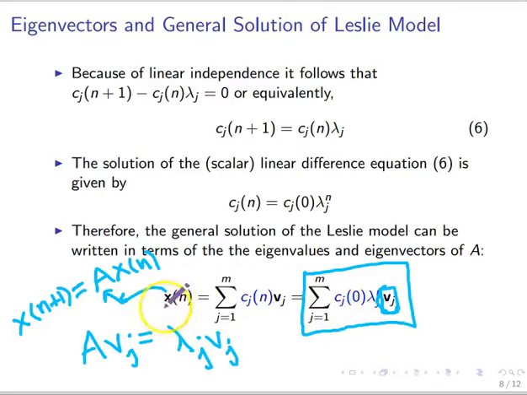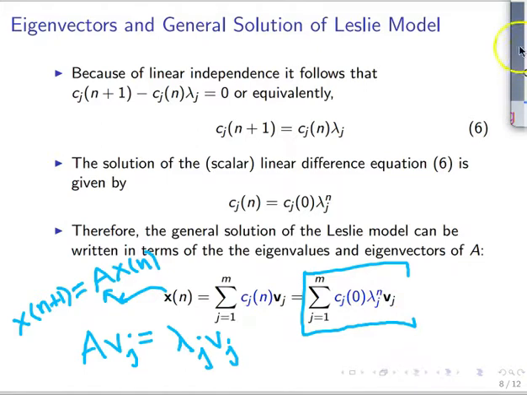This is saying that the solution of such a Leslie model is a linear combination of the eigenvectors. But very importantly, this is a linear combination that involves the eigenvalues, and not only the eigenvalues, it involves powers of the eigenvalues.